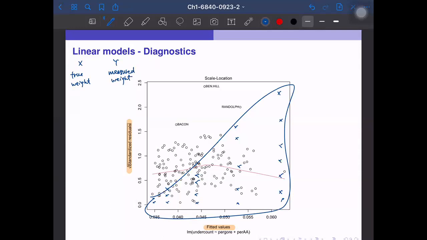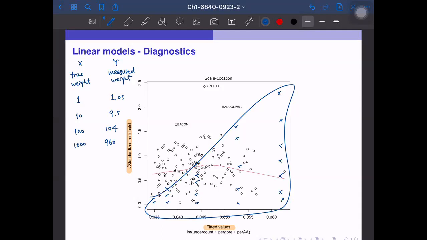Then suppose x is, okay, 1 kilogram, 10 kilogram, 100 kilogram, 1000 kilogram. Then measured weight may be 1.05 or 9.5 or 104 or 900, maybe 60 or something.